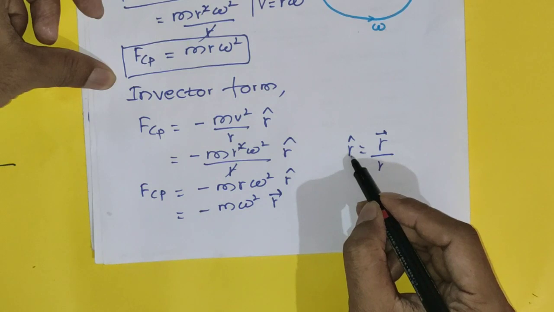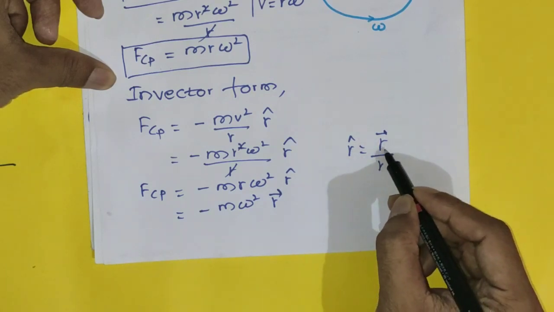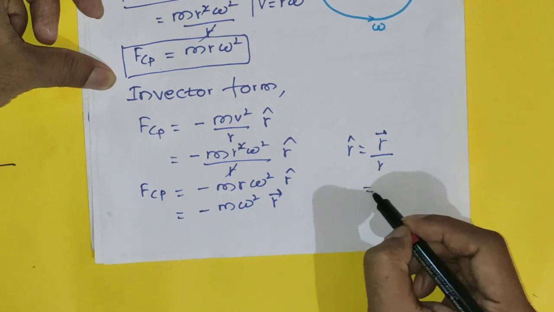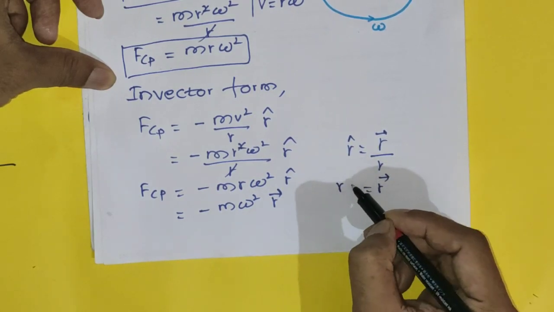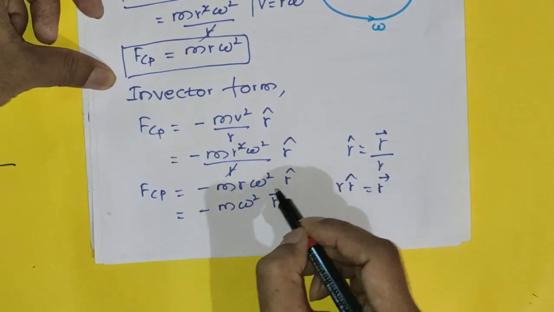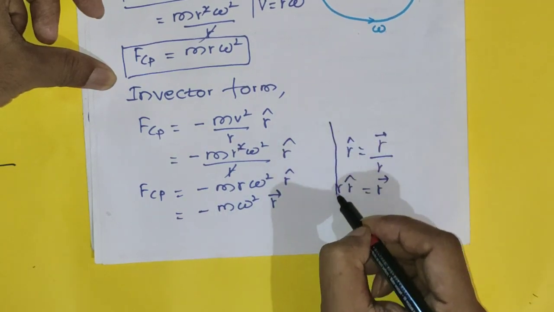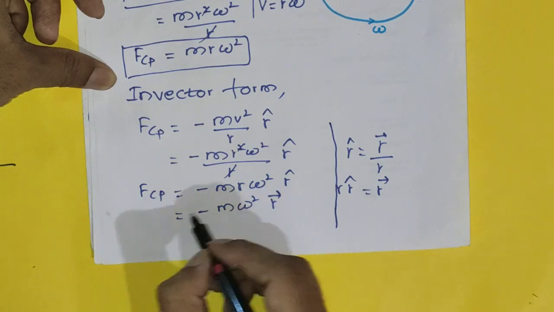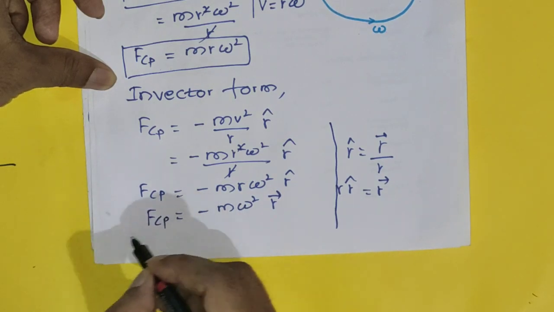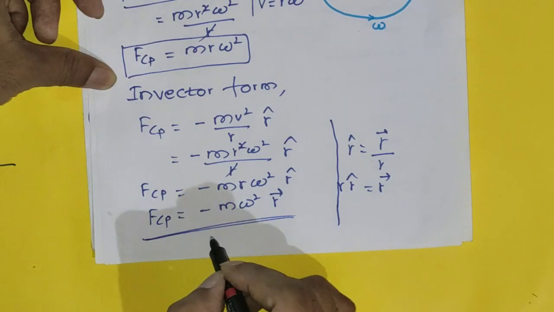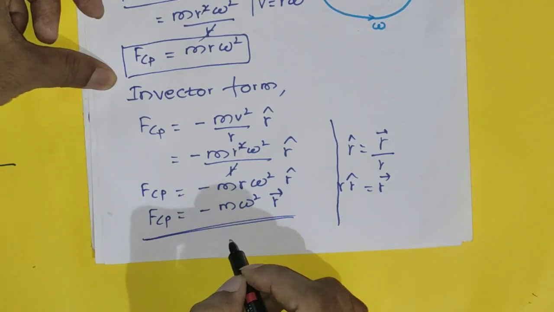Here r cap is the unit vector, this is the radius vector, and r is the magnitude of the vector. So from this formula, r into r cap is equal to the radius vector. So this is the formula for centripetal force in vector form.